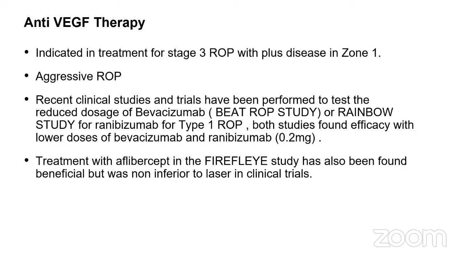Generally, you can consider half the adult dose. The study of aflibercept has also been found beneficial, being non-inferior to laser in clinical trials. Anti-VEGF therapy has more advantages, is easier to administer and takes less time, and it will allow the normal retina to develop to at least zone 2 or till zone 3.